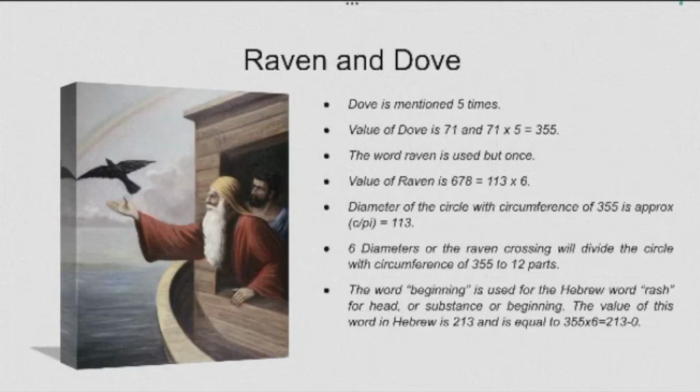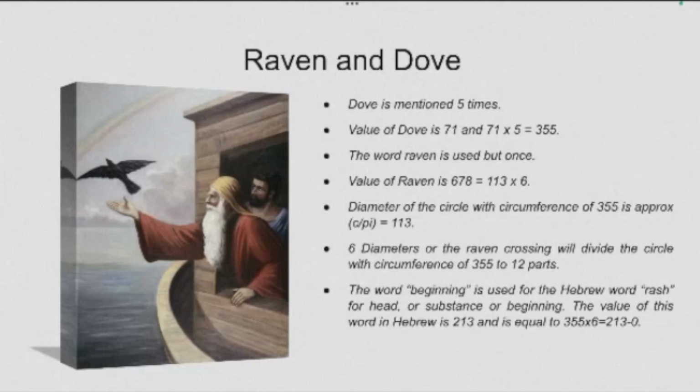And she gives certain esoteric calculations associated with the words raven and dove. The numerical value of the word dove is 71, and 5 times 71 is 355, and the numerical value of raven, which is used but once, is 678, which is 113 times 6.